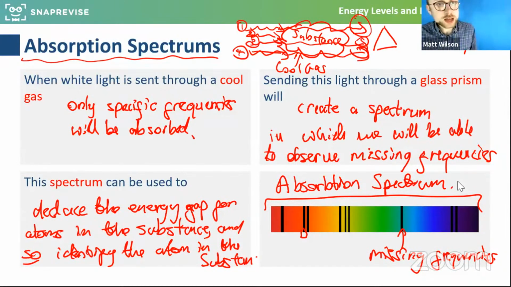Great, absolutely right. Triangular prism. This is really useful for chemistry as well, which is why you guys were mentioning a lot of chemical. All the time in chemistry, you need to know what your substance is made of, and this is how you can do it. Once you know how atoms work, once you know how energy gaps work, you can use absorption spectra to figure out what atoms are in your substance.